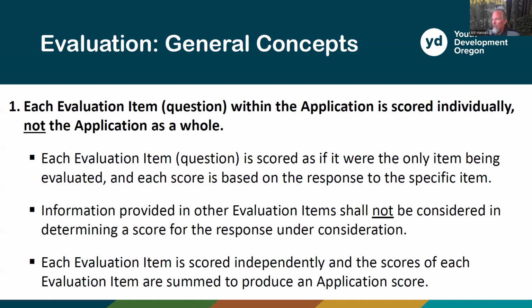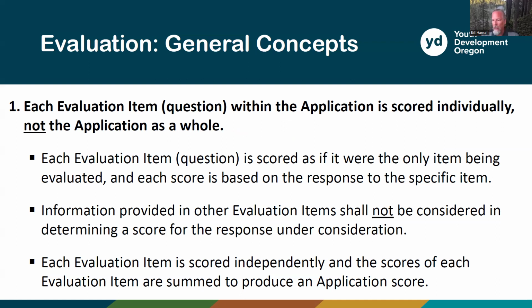All right. Concept number 1 is that each evaluation item, and there are 5 of them for the JWR application, is scored individually as a standalone item and not the application as a whole. That is, each item is scored as if it were the only item being evaluated, and each score is based on the response to the specific item.